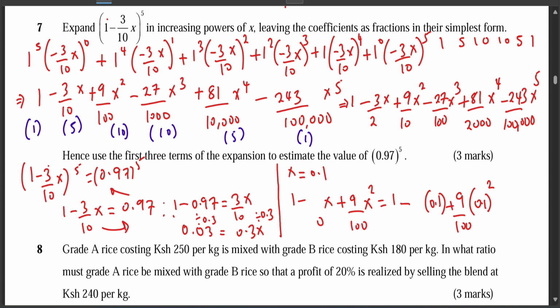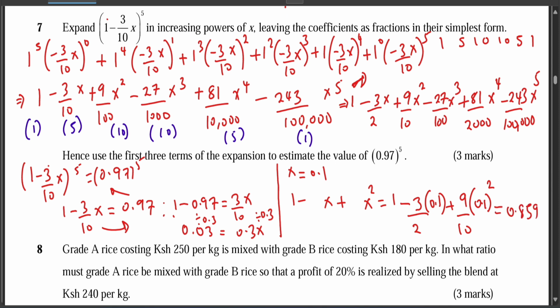This one was not supposed to be 3/10, and this one was not supposed to be 9/100, because the answer is this one, not the left one. So 1 minus 3/2 times 0.1 plus 9/10 times 0.1 squared. So this one will be 9/10, and this one will be 3/2. So let me just use my calculator, and it gives 0.859, which is the actual answer.